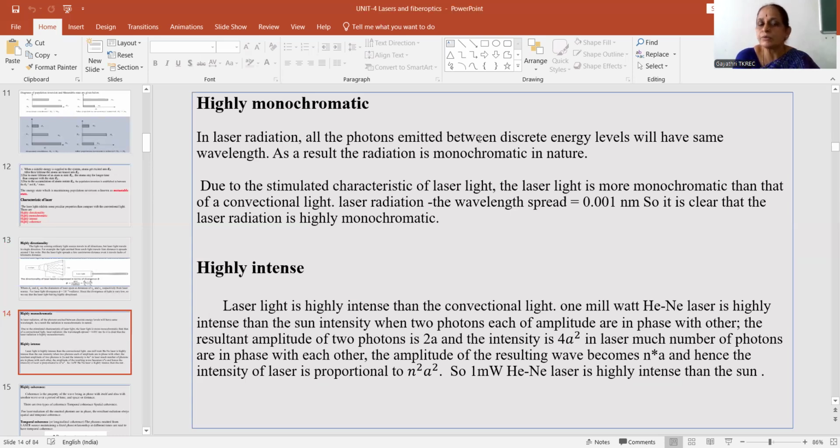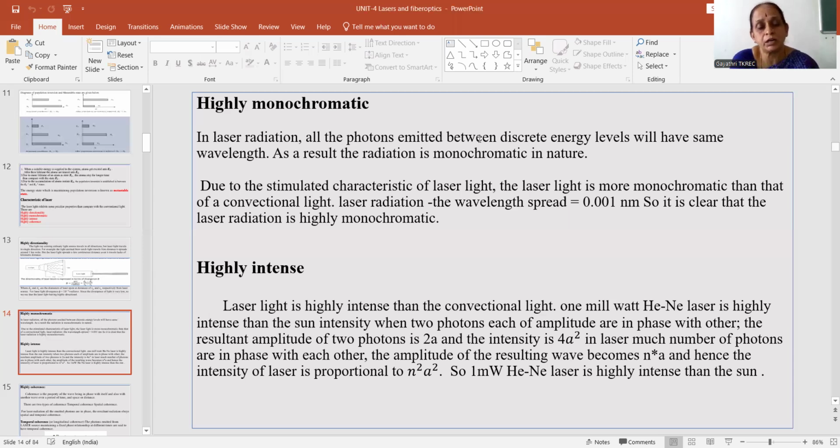Due to the stimulated emission, laser light is more monochromatic than conventional light, that is, normal tube light. The laser light wavelength spread is around 0.001 nanometer. Therefore, it is highly monochromatic.